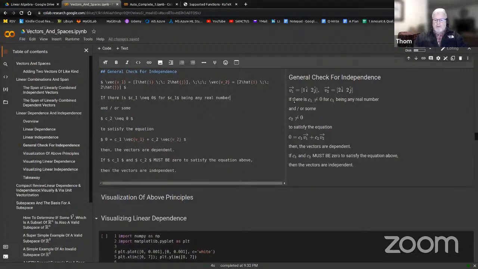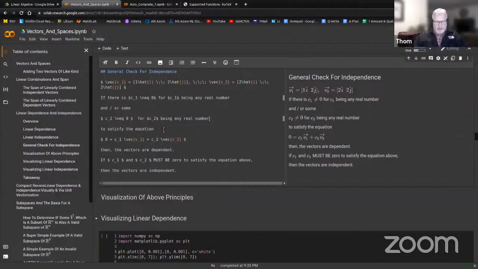And so what we're just trying to say for C1 being any real number, and then let's do the same for C2, because that's what we're really trying to say. I'll make this more mathematical looking using LaTeX later.